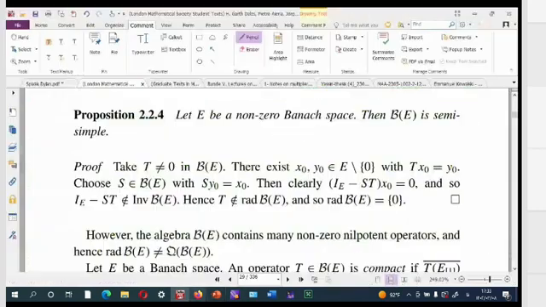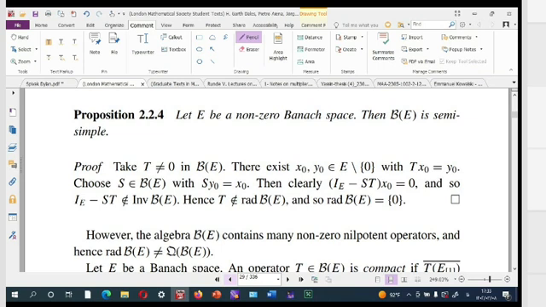Okay, and so this is not an invertible element, hence T does not belong to the radical of B of E. We see that if T belongs to the radical of B of E, then for any S this must be invertible, okay?